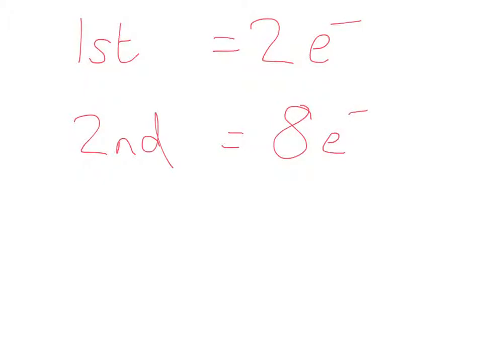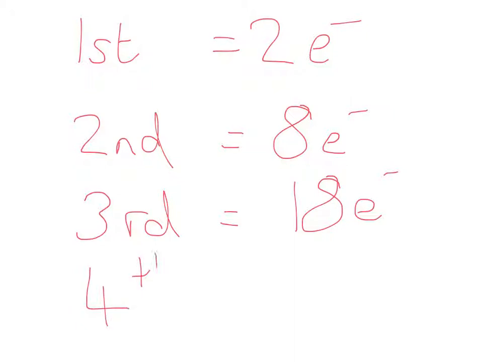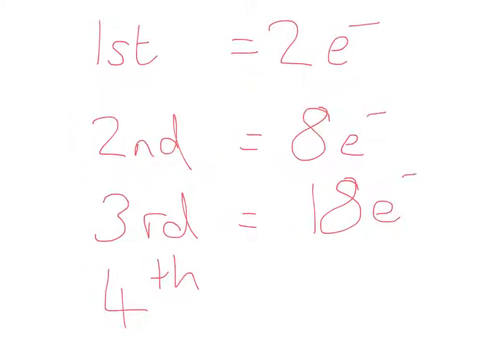The third shell holds 18 electrons, and the fourth holds 32. It's useful to bear in mind at this point that there are more than 4 shells that can be filled. However, we're only going to look at 4 shells for the sake of this example.